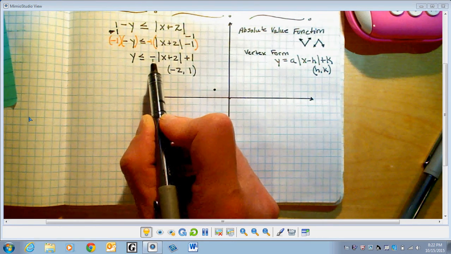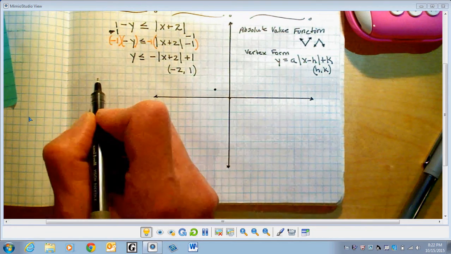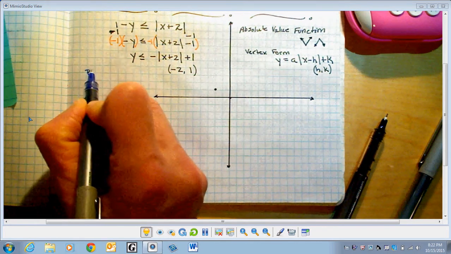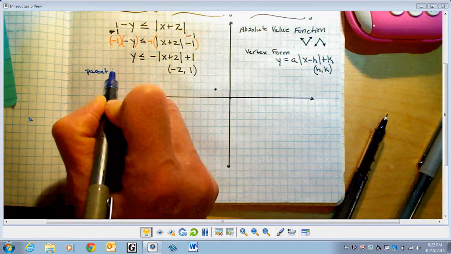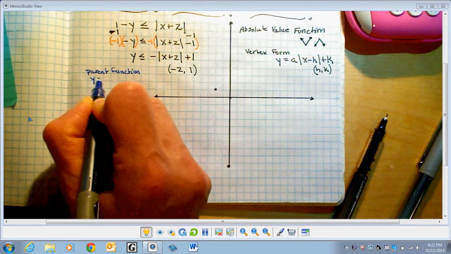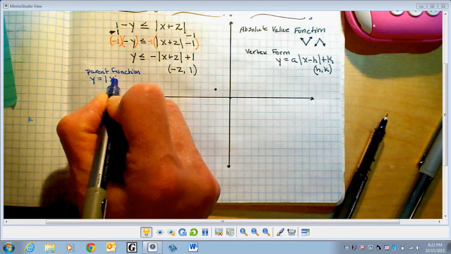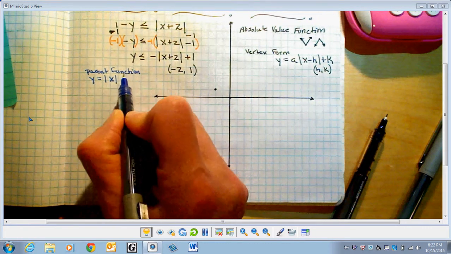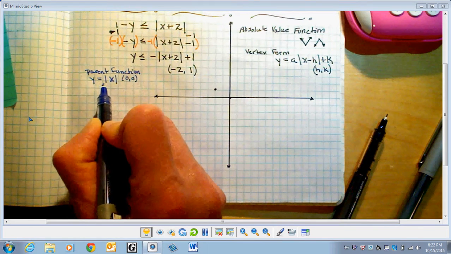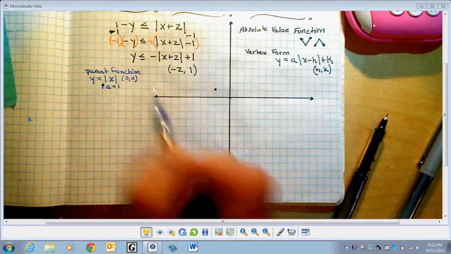If we remember our parent function, let's just go over here and review our parent function. I'm going to write this in blue. Our parent function is y equals the absolute value of x. We know that our vertex is at (0, 0), and we know that our a value is 1.